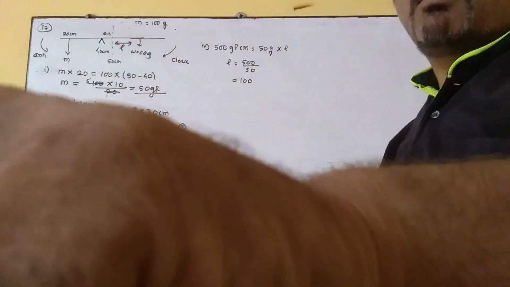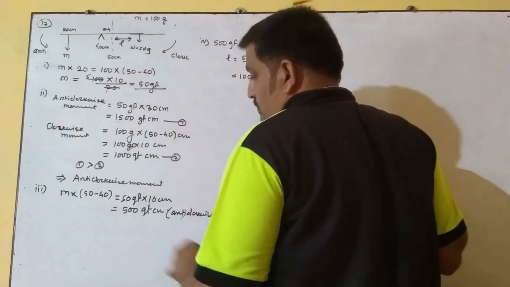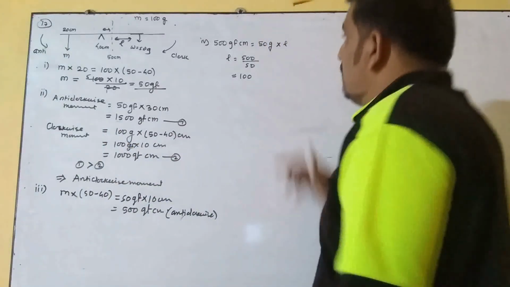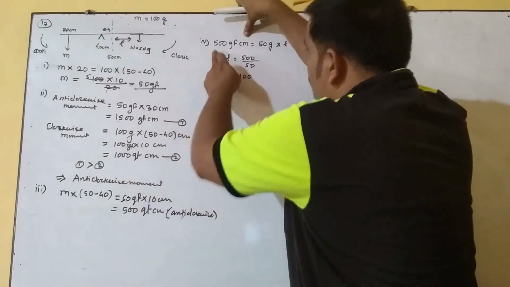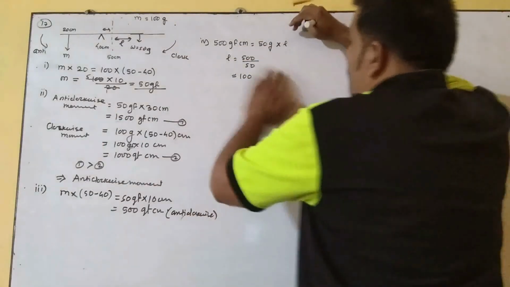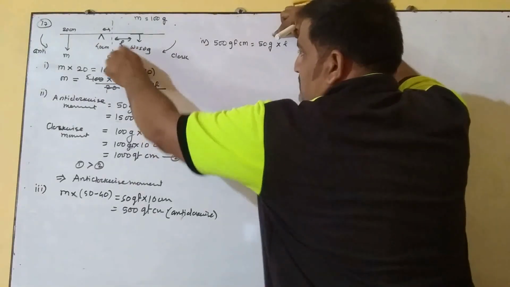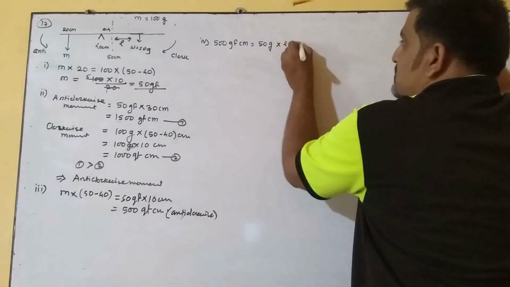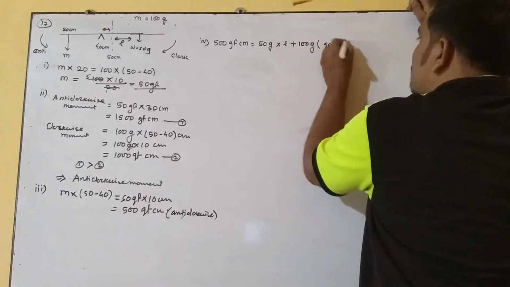Okay, student. So here we saw that the turning is going in the anti-clockwise movement, which is the biggest here, 1500 GF. So 500 GF is more, here it is 1500, here it is 1000. So 500 GF more is indicating anti-clockwise movement. So for clockwise movement we have to attach a 50 GF mass at a distance L, and the weight of the meter rule is 100 gram and it is at 50 minus 40 centimeter, right?